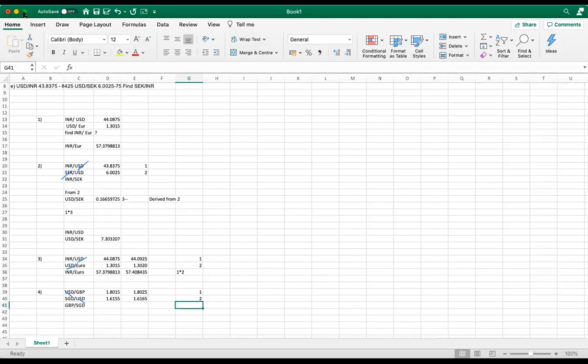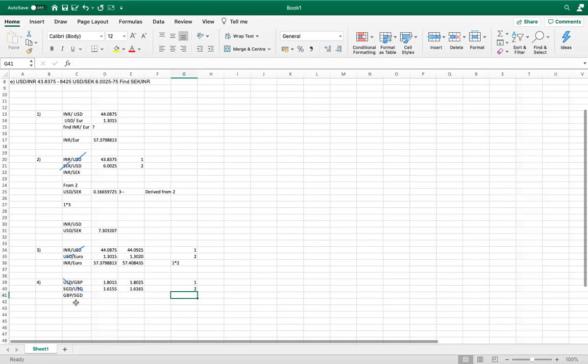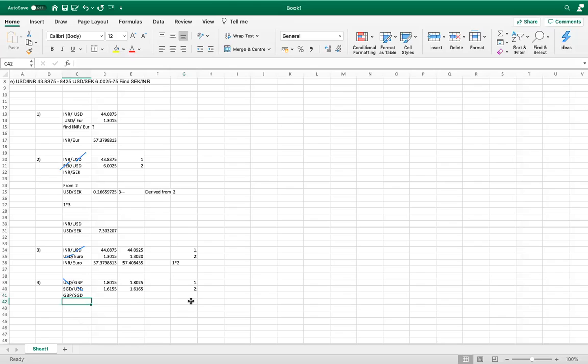Okay, I'll make one more line and add one more step. 1 into 2. Let's add a small step here, pay attention. Same way: this into this and this into this. But what do I get here?